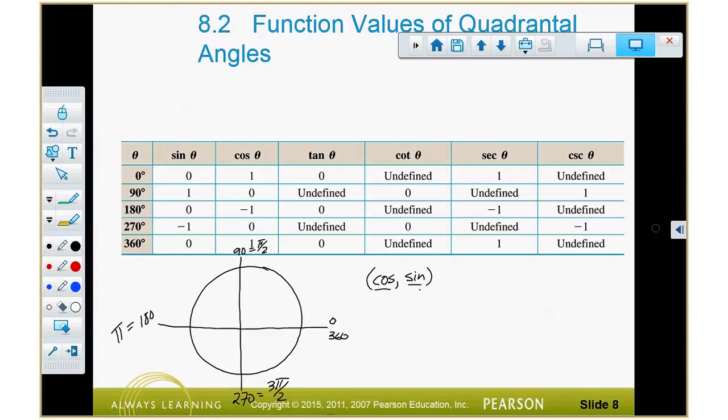All right. So if I want to write for 0 to 360 the x and y, the radius is equal to 1. Then what can you say about this point right here?